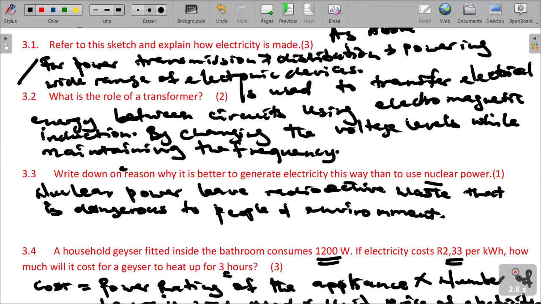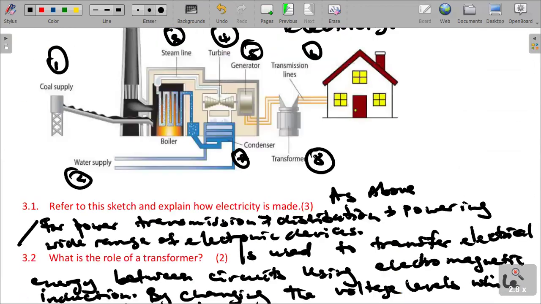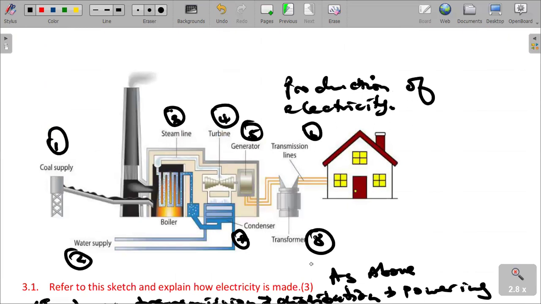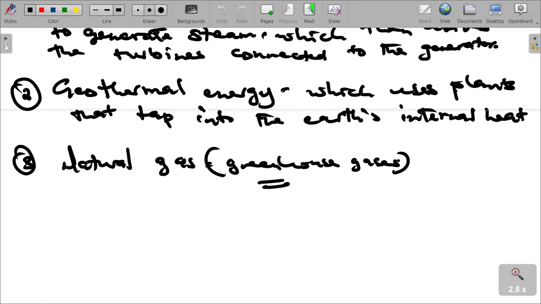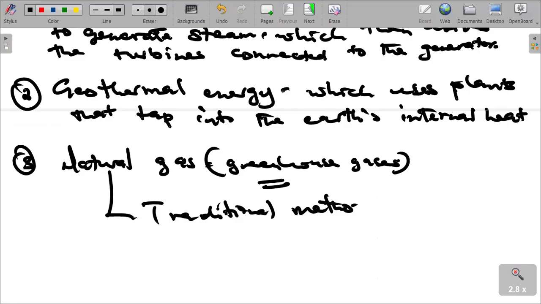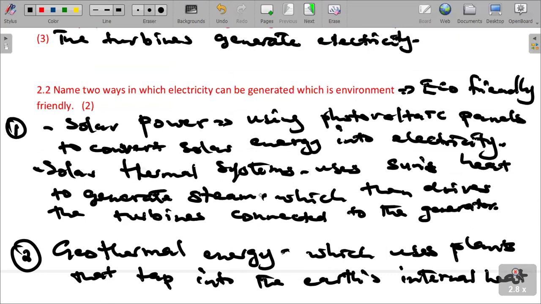So that is why, as I said in the previous presentation, natural gas is a traditional method of production of electricity. Hence, I'm saying the cleanest, environmentally friendly ones are geothermal and solar energy.